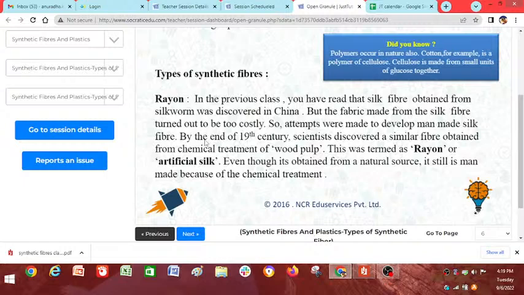So attempts were made to develop man-made silk from chemical treatment of wood pulp. Scientists wanted to discover something so that they could work on this silk. They wanted to make man-made silk.